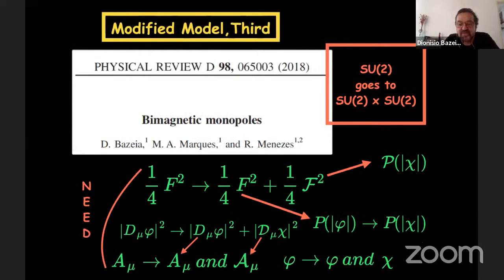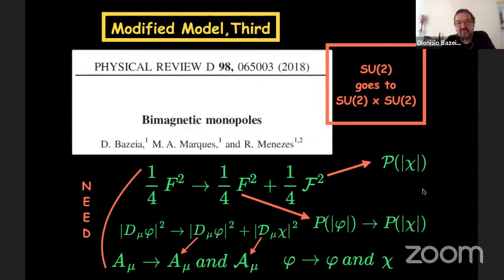Could you repeat it? This is the model. I'm seeing that you have two scalar fields there, and I think this is why you are having these two shells for the monopoles.